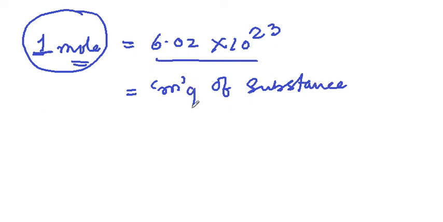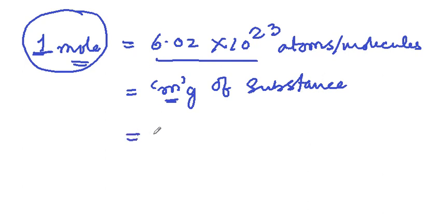So 1 mole, or this many particles, will have a mass, and that mass would be considered as the molecular mass. If it is an atom, then it will be called the atomic mass. This mass will have a fixed volume, or 1 mole will have the fixed volume, that is 22.4 liter.